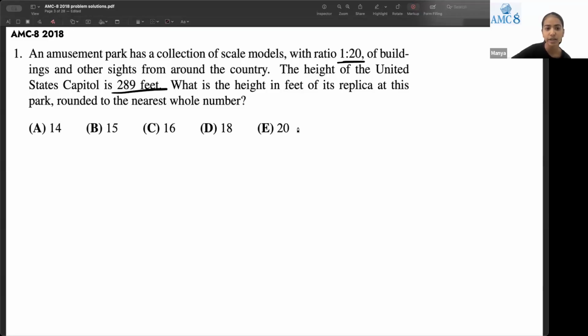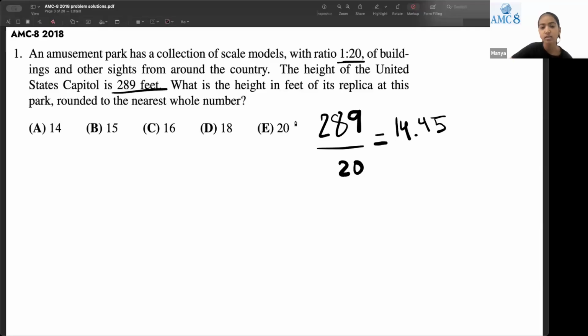And when it's 289 feet, since we need to find its replica, which is 1 to 20, then we would have to do 289 divided by 20. Once we solve this, we're going to get 14.45 over 1, which is the same thing as 14.45.